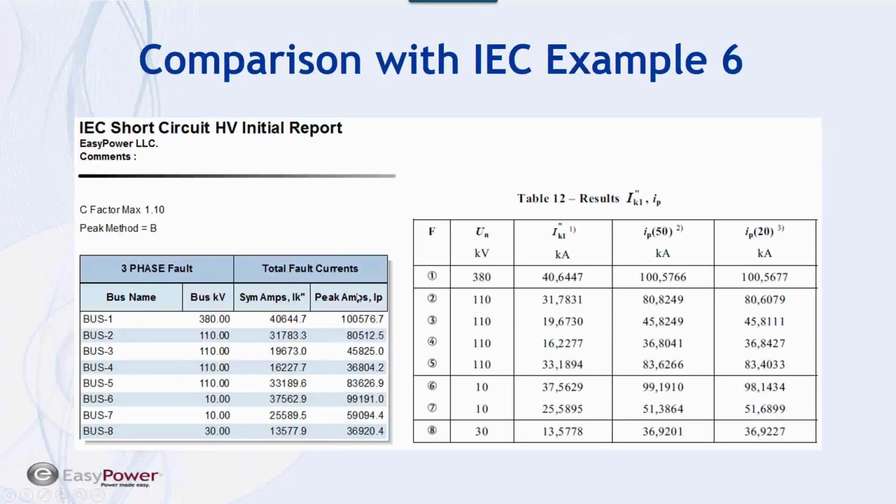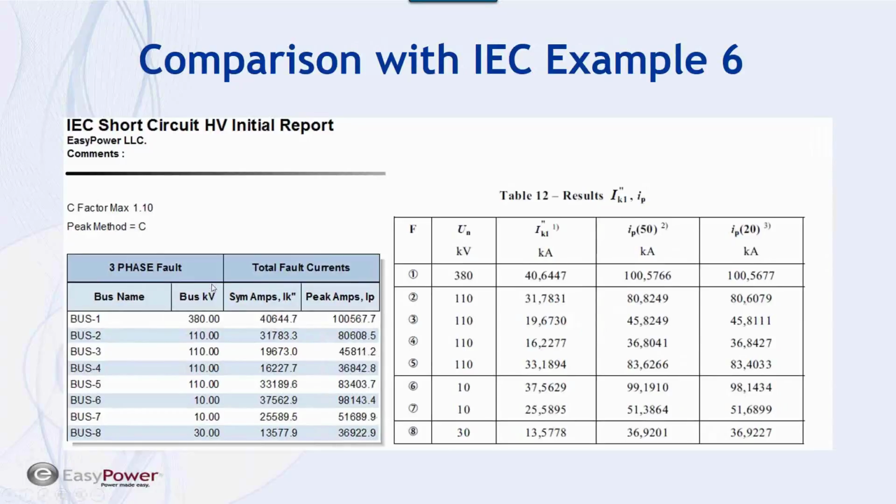Peak values, method B here, peak value method C, next slide here. So this is the IEC report. Feel free to run it yourself, feel free to do the screen capture yourself, and you see how closely they match. They match perfectly.